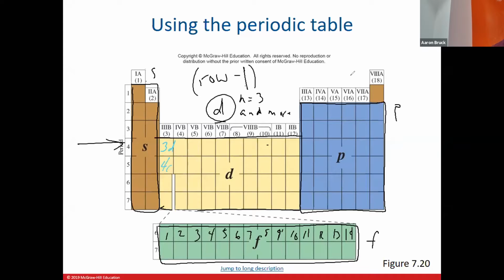This is actually the 4D. This is actually the 5D. This is actually the 6D. All of those sublevels are offset by 1 because they are just a little bit more energetic than the S orbital, the simplest orbital of the next energy level.